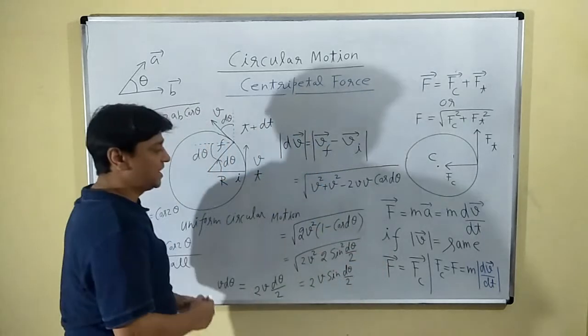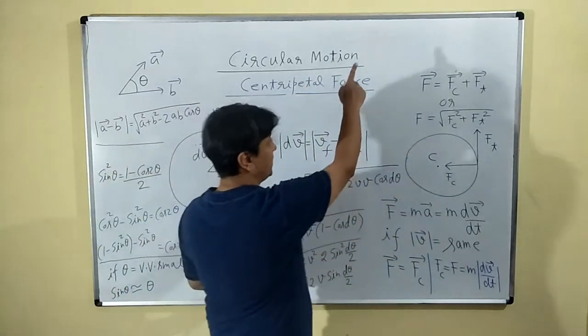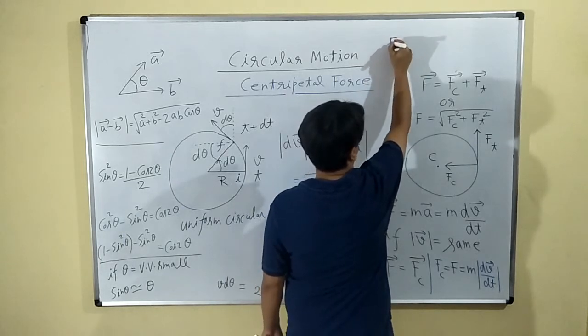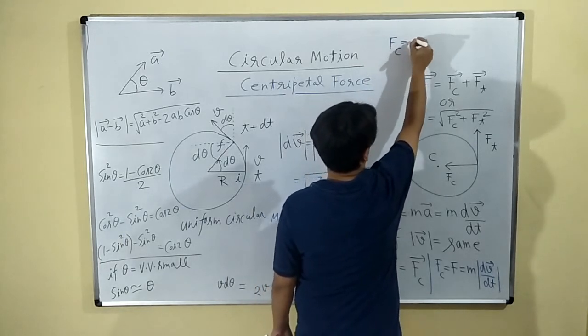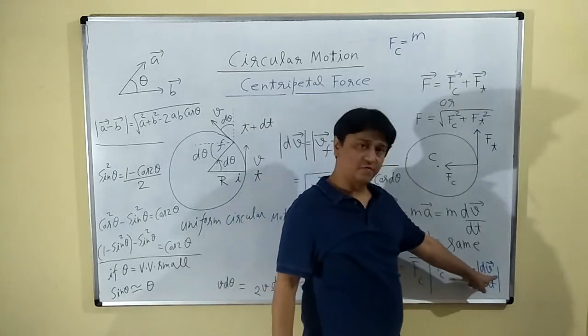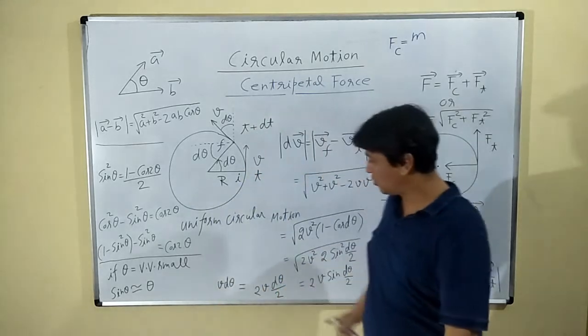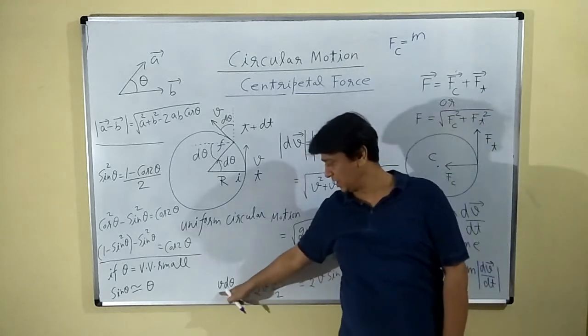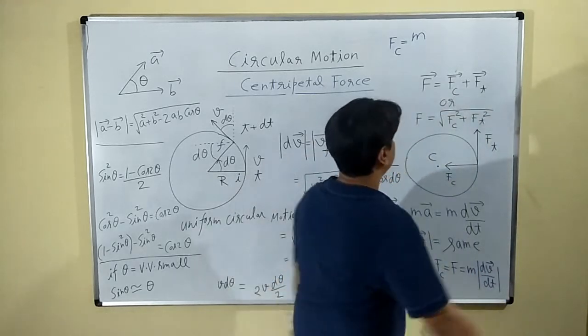इसका मतलब जो अपना Fc पार्ट है, what is this? Fc is coming M times, look at the numerator, mod of dV, and we have calculated mod of dV. Mod of dV is coming V into d theta.